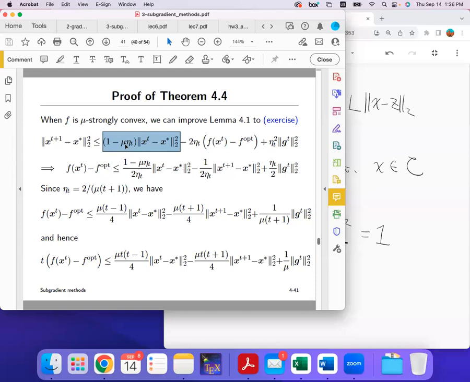And then you can imagine there will be an exponential decay on the first term if we unroll this inequality. Once we have that, the rest of the step is basically rearranging the terms and plugging in the step size, and you get the result.